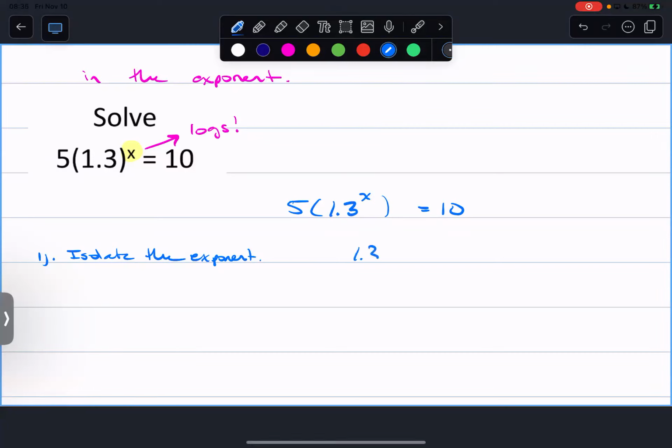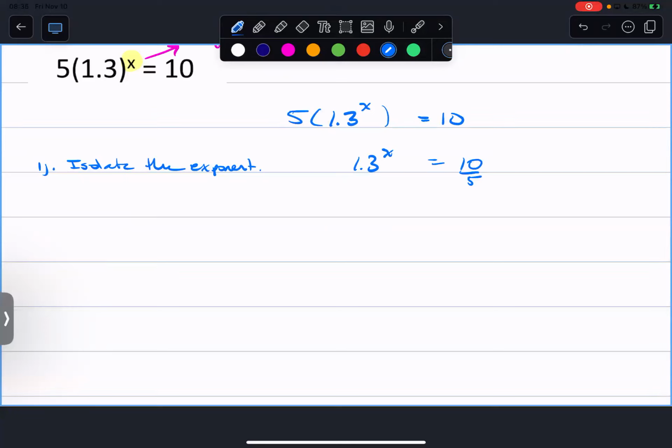So I get 1.3 to the power of x is 10 divided by 5, which is 1.3 to the power of x is equal to 2. Good. So now I've isolated the exponent. Now what I'm going to do is take the log of both sides.